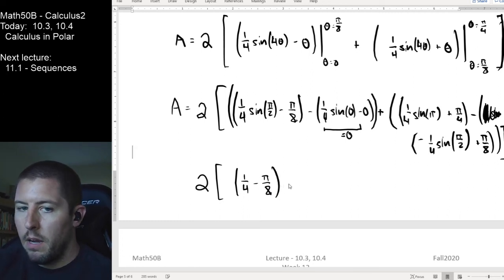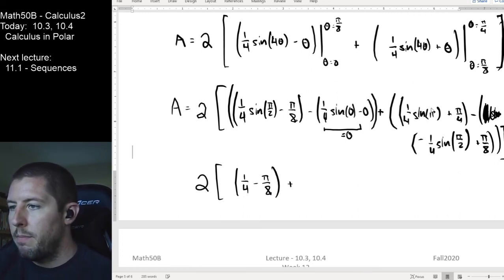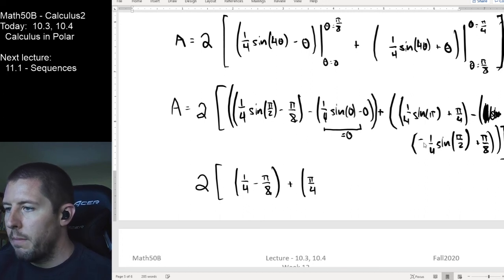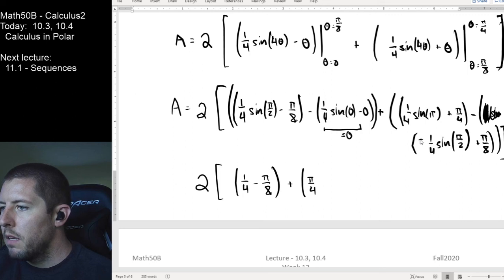On our second grouping here, we're getting sine of pi is 0. So I'm getting pi fourths minus, what am I getting here? It looks like this guy is going to be, wait a minute. Now I'm confusing myself. That minus that I wrote right there is included right there.